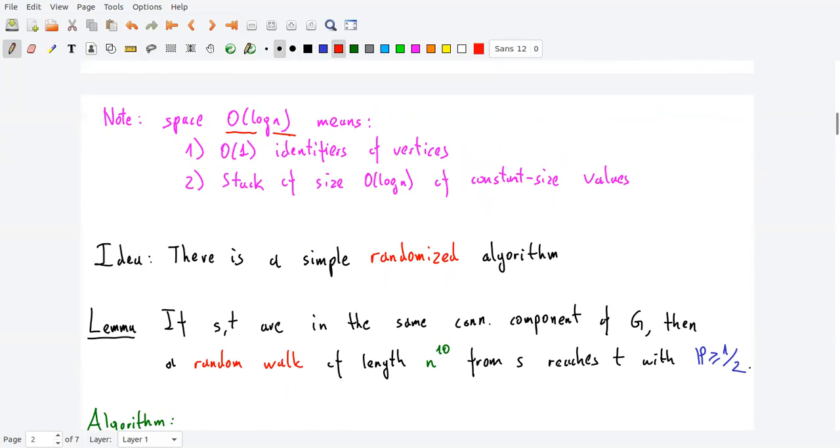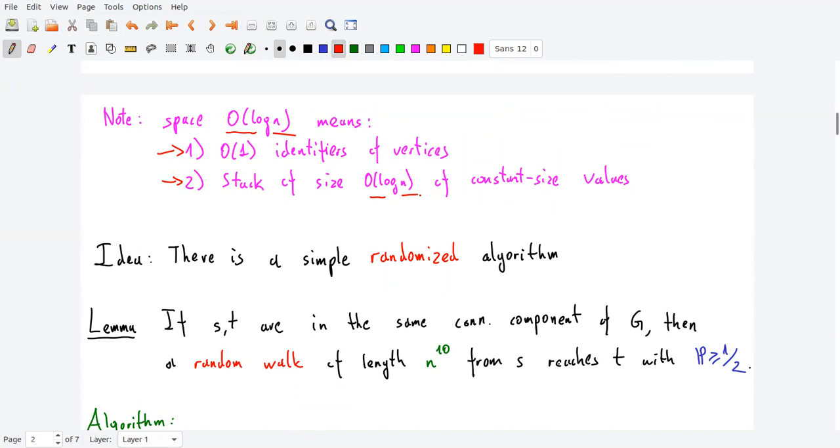And second, what you can store in logarithmic space is actually a stack or a queue or some data structure of size that is logarithmic in n. However, then the value stored in the stack needs to be of constant size, because even if they were of logarithmic size, you would end up with a space log square n.